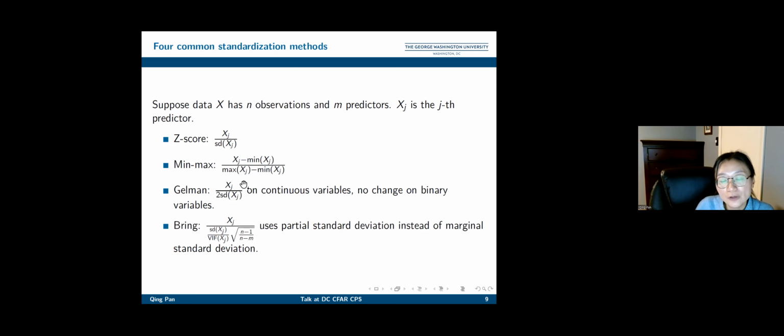So if you divide 0 or 1 by 0.5, what does that mean? It means a 0.5 change in gender, but gender is either 0 or 1. You can't change half a gender, right?